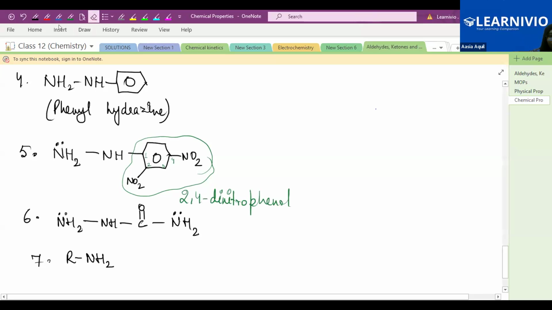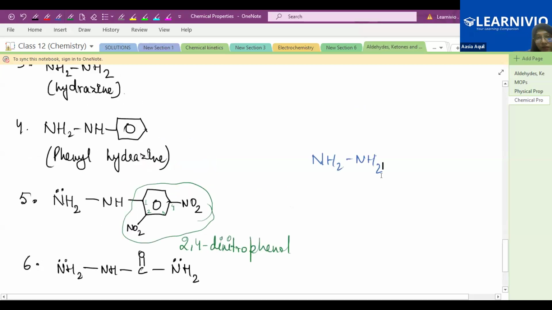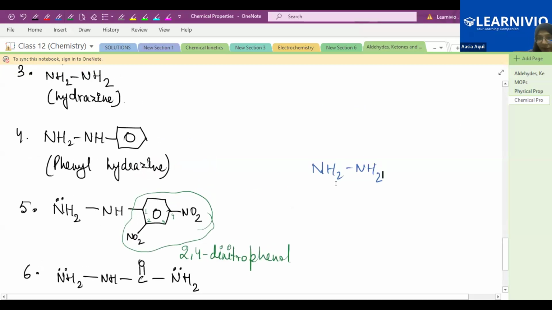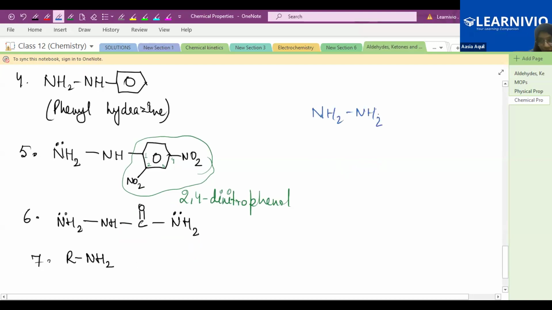Okay, so let me show you how we can write down the name. What is this? NH2 and NH2. What is the name of this NH2, NH2? I just told you. Hydrazine. So if I remove one hydrogen and add one phenyl ring, like this, NH2, NH, I replaced one hydrogen.